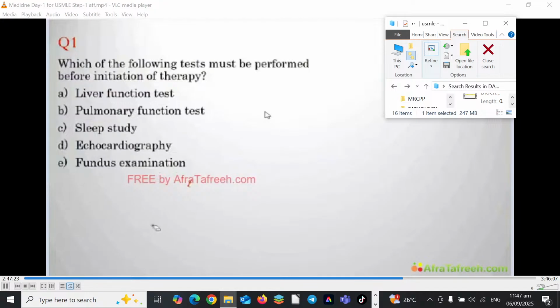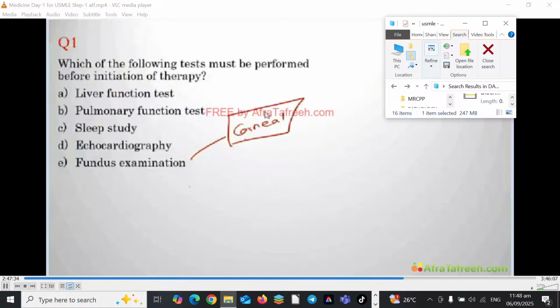Fundus examination: eye complications of amiodarone are very common, like corneal deposits, but they are not very severe. Also, when you're comparing arrhythmias with corneal deposits, you don't mind the corneal deposits. So fundus examination can be ruled out.